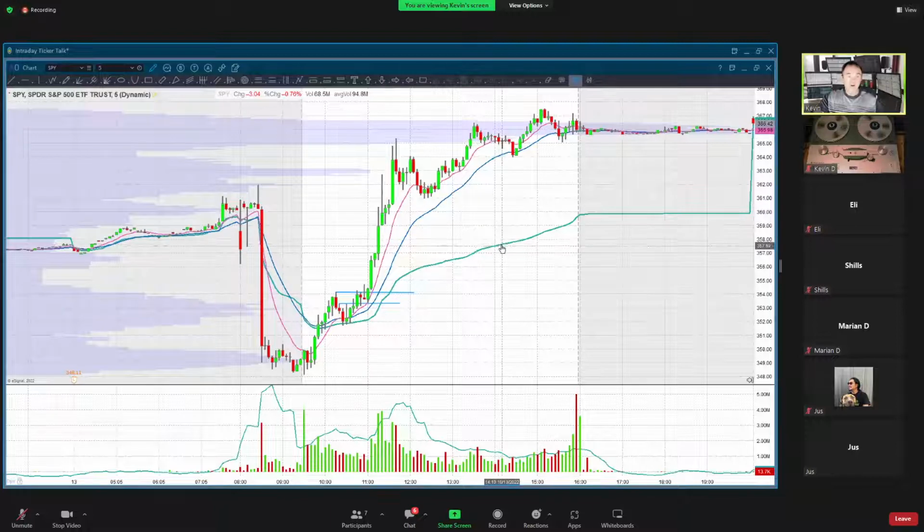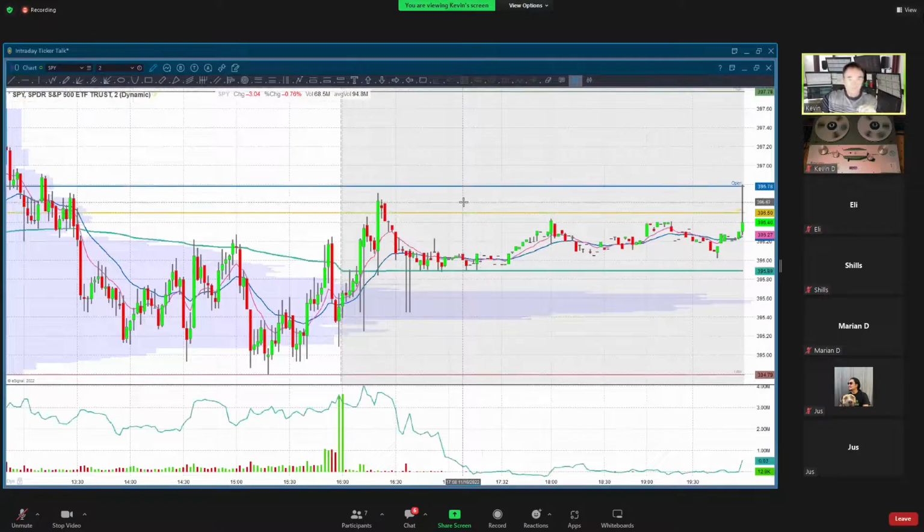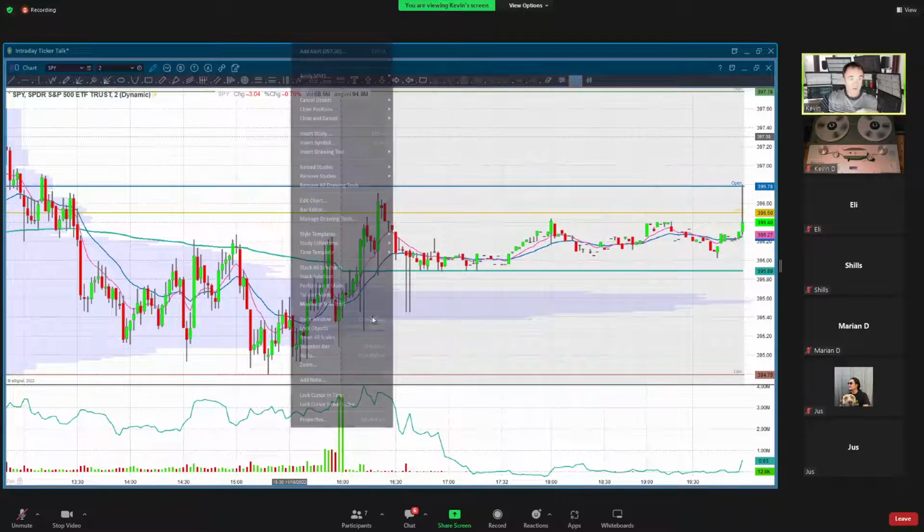This line right here is my VWAP. This line right here is a 21 period moving average. So this will be 21 periods of whatever I set this chart to. Sometimes this chart is a 2-minute chart. Oh shoot. And then that blue line will be 21 2-minute periods.